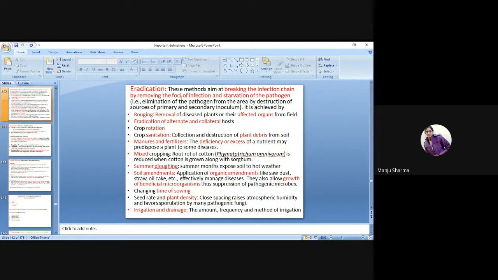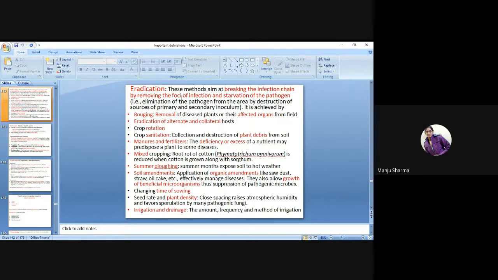Then, eradication. These methods aim at breaking the infection chain by removing the foci of infection and starvation of the pathogen.